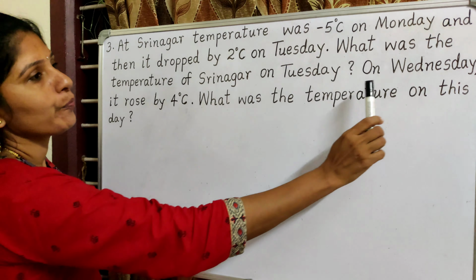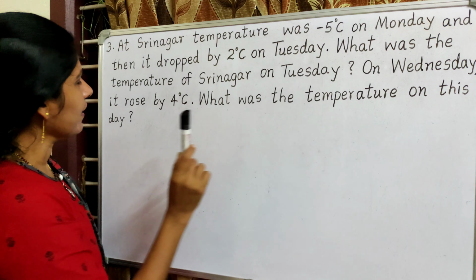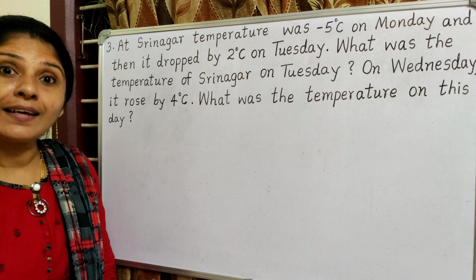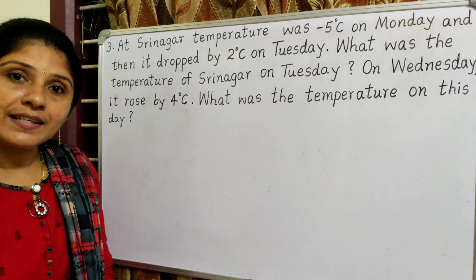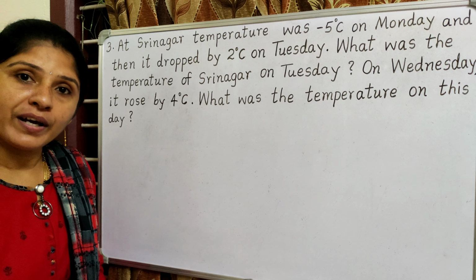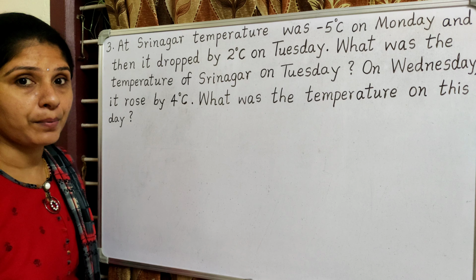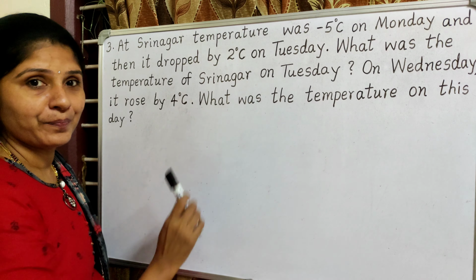Next, on Wednesday it rose by 4 degrees Celsius. Rose means increased. The temperature increased on Wednesday by 4 degrees Celsius compared to the temperature on Tuesday.